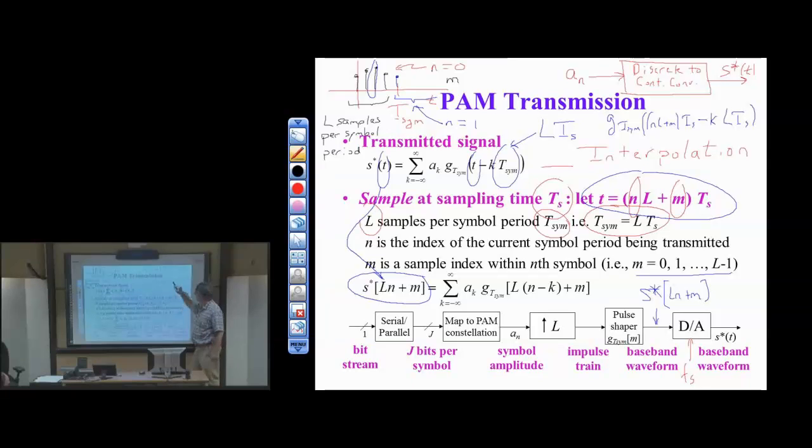As a discrete time signal, my discrete time samples are taken with respect to the sampling time, capital T sub s. So in terms of discrete time, I'm left with L times n minus k plus little m. So that's my index into the pulse shape using the symbol index little n and the sample index little m.